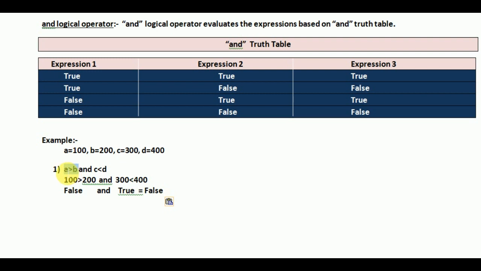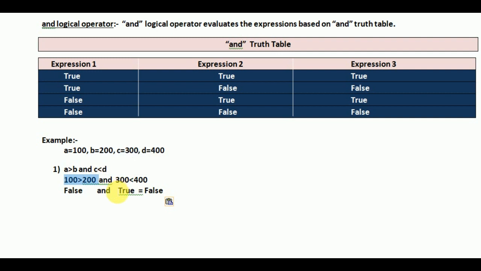These are the operations which we have to perform with the help of the AND logical operator. So a occupies 100 and b occupies 200. If we apply a is greater than b, then this will produce the false result because the statement is incorrect.